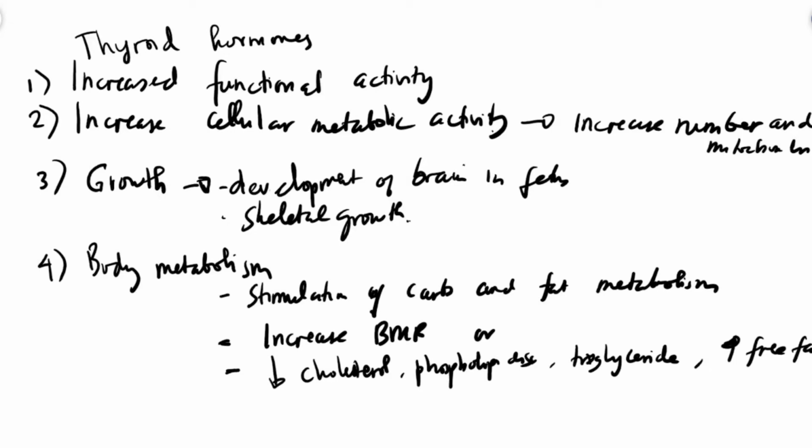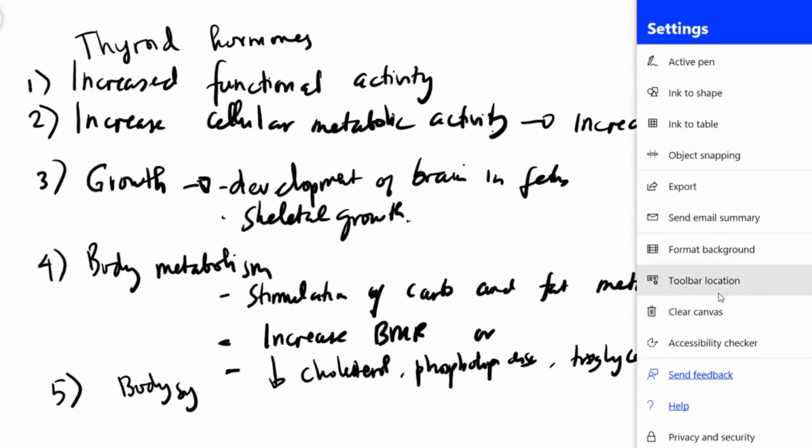The fifth one is the effect of thyroid hormone on body systems. I'm just going to go ahead and clear the canvas. On body systems, for example, the effect on the heart: it will increase heart rate and heart strength.